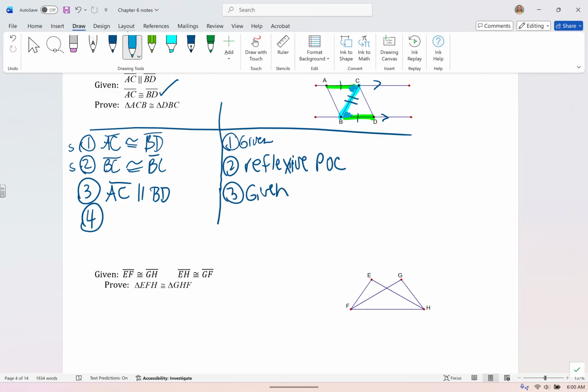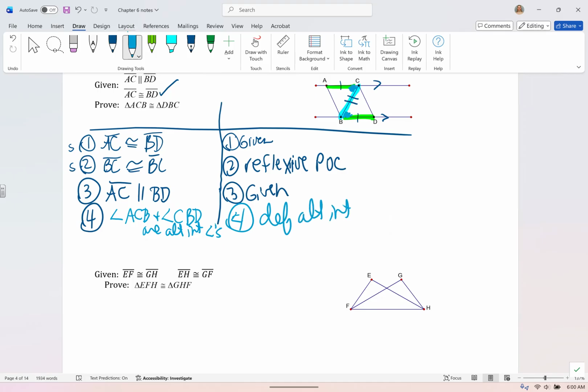So if we say angle ACB and angle CBD are alternate interior angles. Okay, why? Definition of alternate interior. Okay, so we're calling them out.